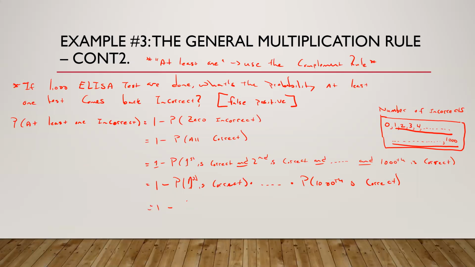Well, this is 1 minus, the probability they're correct is 0.995. And so how many tests do I have here? I have 1,000. So it'd be 0.995 raised to what power? 1,000. Yep.